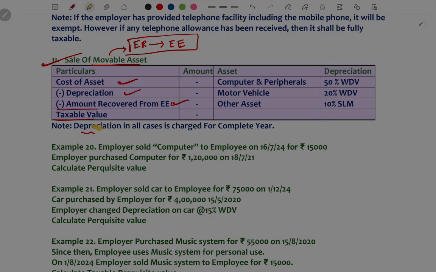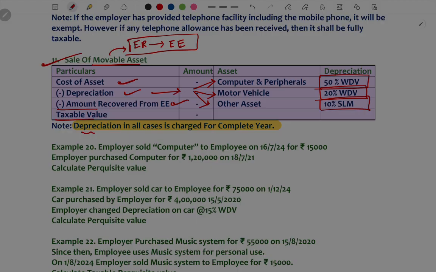Depreciation, and here is the note: depreciation in all cases is charged for completed years. Means only years that are completed. Depreciation rate is as follows. For computer and peripherals, it's 50% WDV, motor vehicle 20% WDV, other assets 10% SLM.